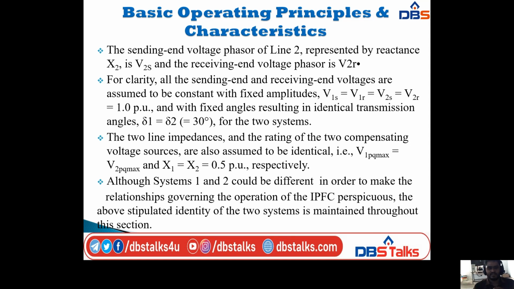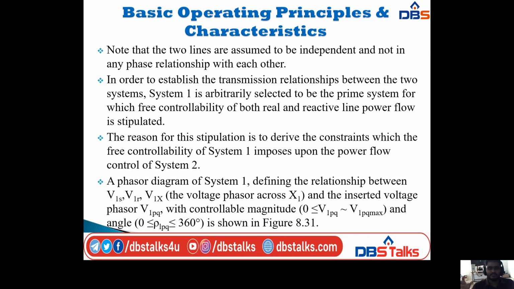So here we are taking the diagram. Here I will explain the characteristics of these things. Okay, note that two lines are assumed to be independent and not in any phase relationship with each other.